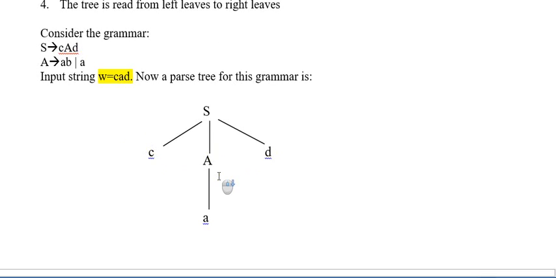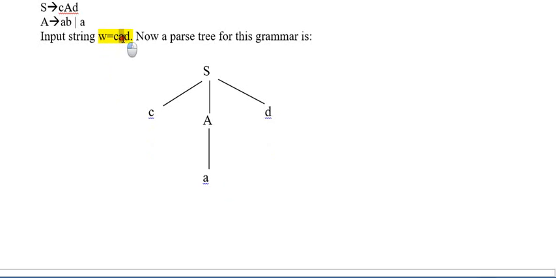Then in the middle we need a small a, so we replace A with the terminal a and do not use the B non-terminal because our output was fixed. We need to generate c small a and small d, which is our production.